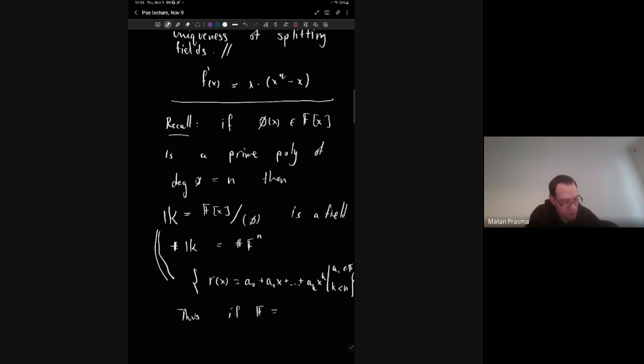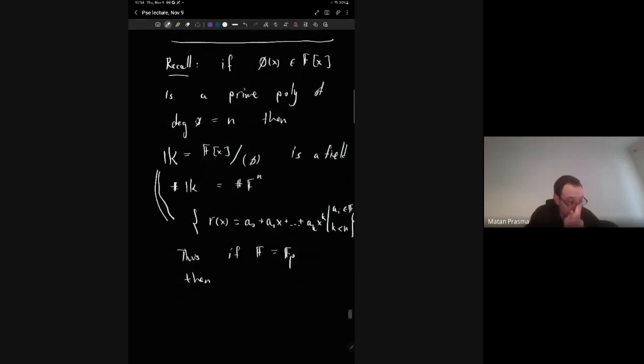So potentially, I could say if I take F to be Fp, then Fp[x] modulo phi is a field of p to the n elements, right? And we know by the structure theorem that this field will be isomorphic to the splitting field.